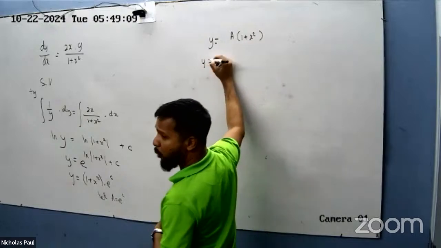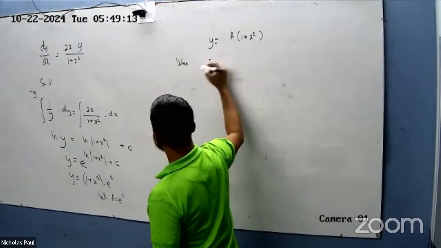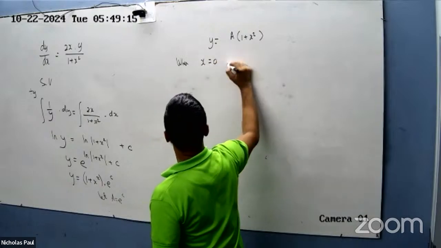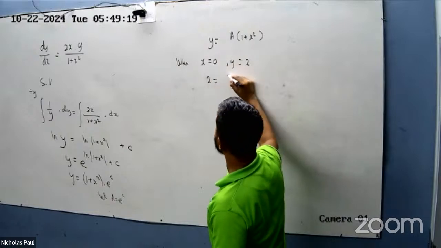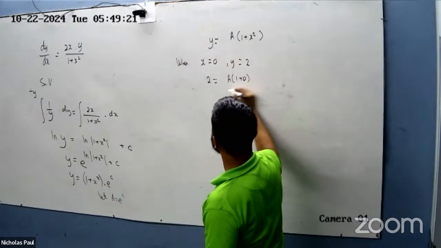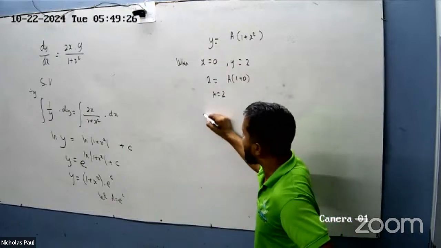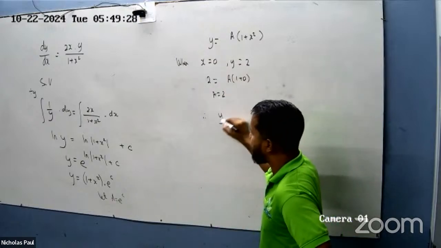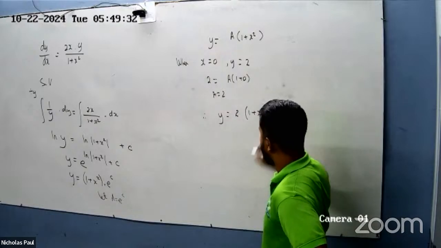And they said when x is 0, y is 2. So I can plug it in here. 2 is equal to A times 1 plus 0. A is 2. So the final answer looks like this: y is equal to 2 times 1 plus x squared.